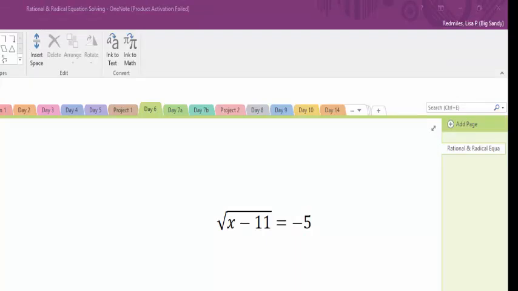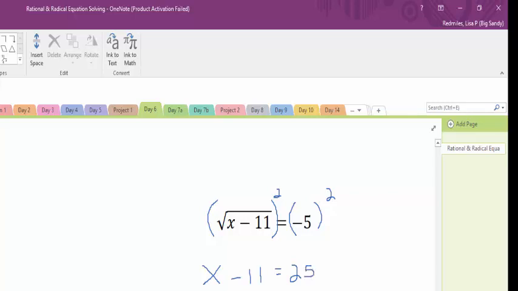Okay, now we're going to do another example. We have the square root of x minus 11 equals -5. So as before, the first step would be to square both sides in order to get rid of the radical. So we end up with x minus 11 on the left side and 25 on the right side.